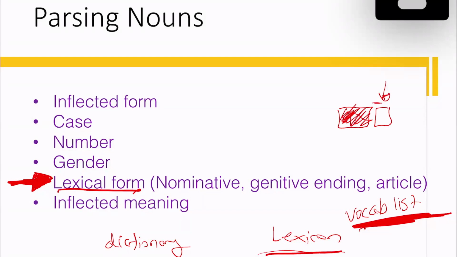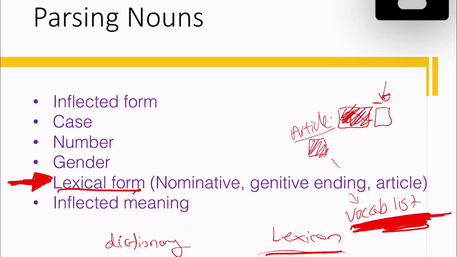Then once I know what my lexical form is, or the word as it appears in my dictionary list, I also want to think about the article. And we talked about the article last week. The article is also found in our vocab list.